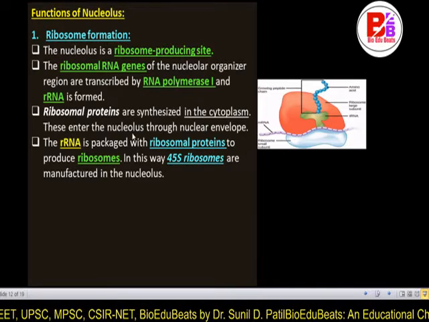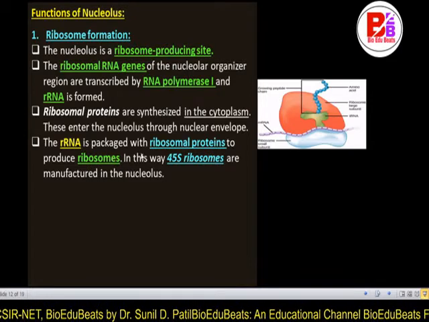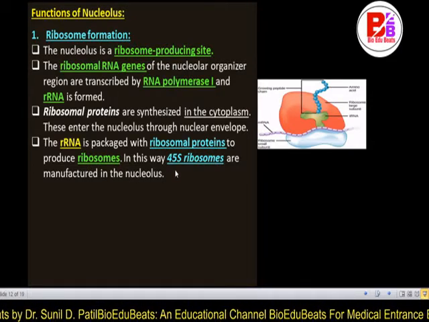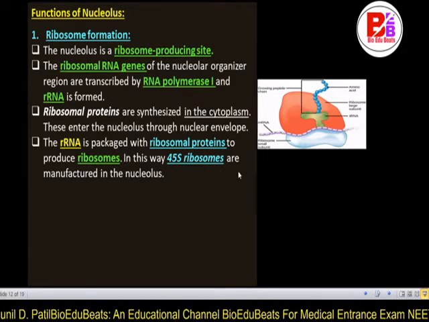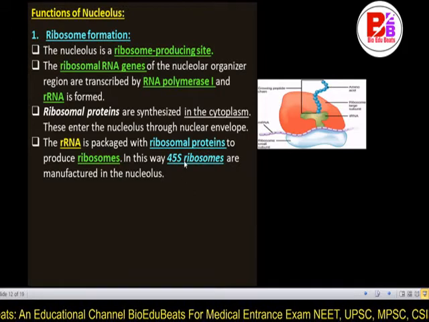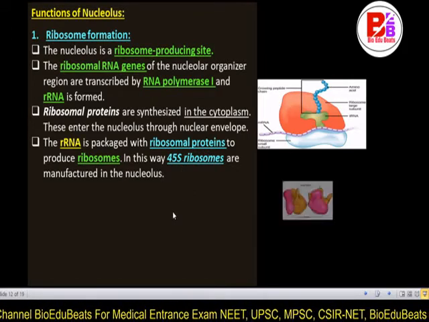These enter the nucleolus through the nuclear envelope. The rRNA is packaged with the ribosomal proteins to produce ribosomes. In this way, the 45S ribosomes are manufactured in the nucleolus. S stands for Svedberg, the sedimentation coefficient of the ribosome.